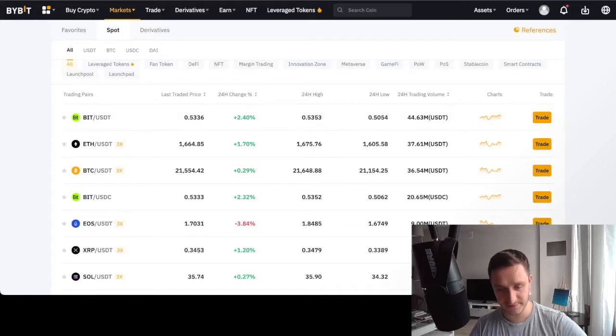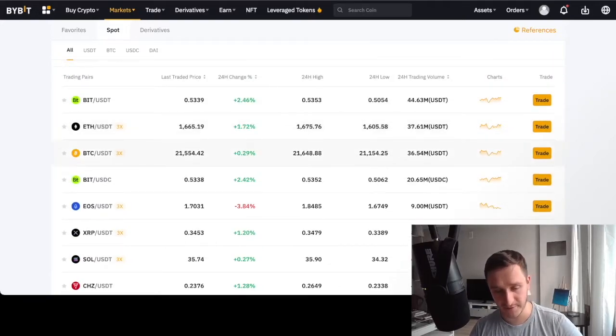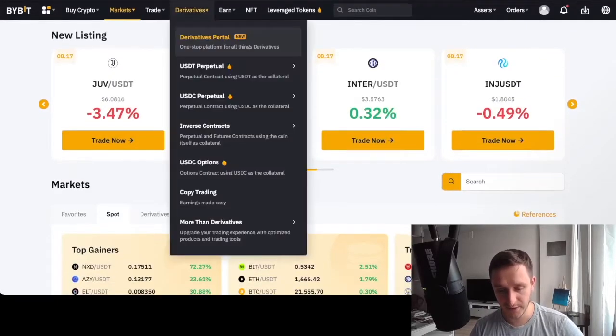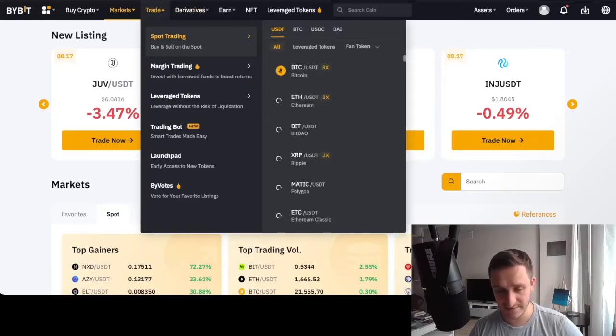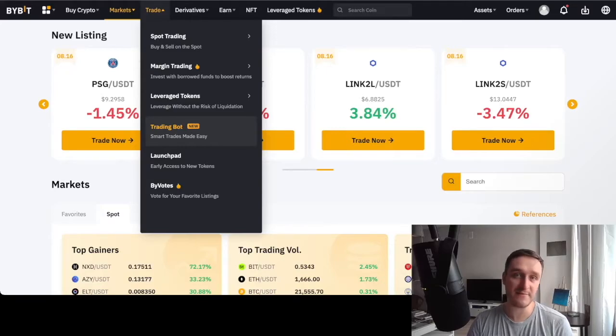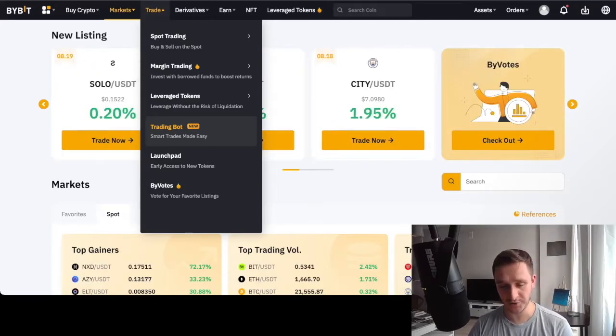Pretty interesting stuff. In general, there's plenty to do. Basically, the ByBit platform is very complex if you want it to be, but it can be very simple if you just want to buy different crypto on spot and hold, or something in between.